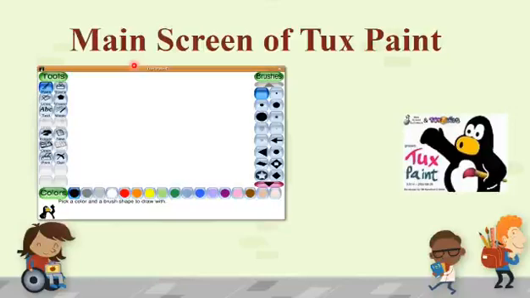Let's proceed with the previous knowledge about Tux Paint. In the Tux Paint main screen, this is the main icon of Tux Paint, and this is the main screen of Tux Paint, right? So whenever we go into Tux Paint, what do we see?